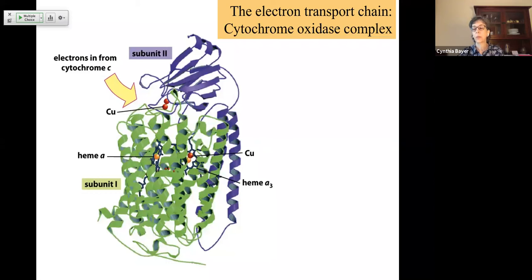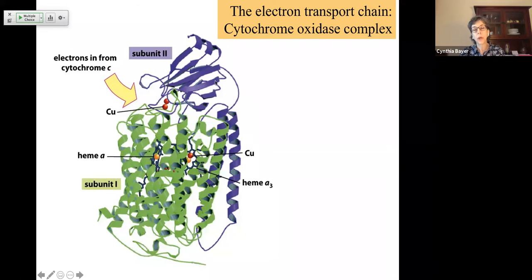And this is actually where oxygen is held, waiting for electrons to be passed to the oxygen to accept those electrons. And just to give you a view of the complexity, these are two different subunits of a 13 subunit complex, 3 of which are coded for in the mitochondrial genome.